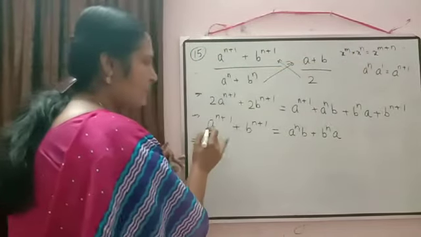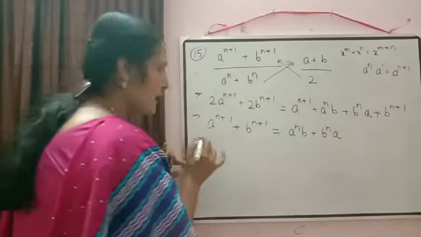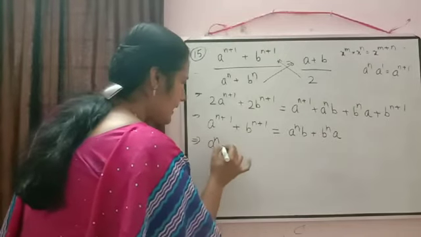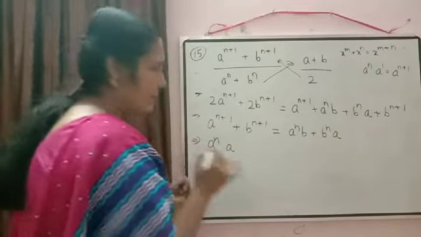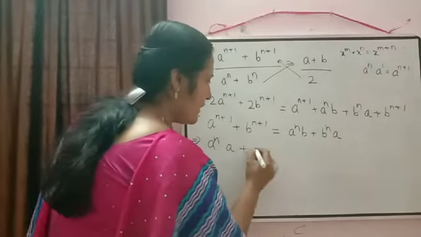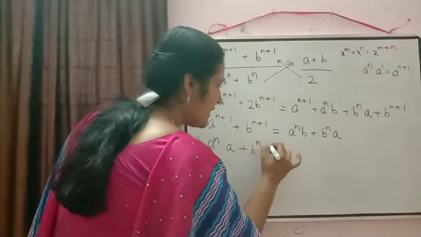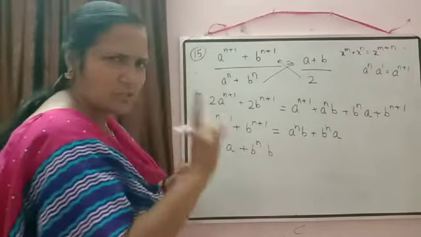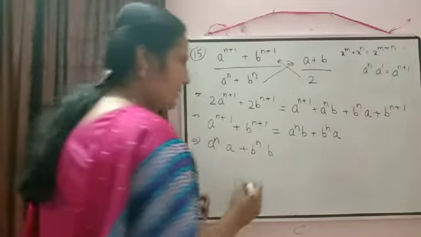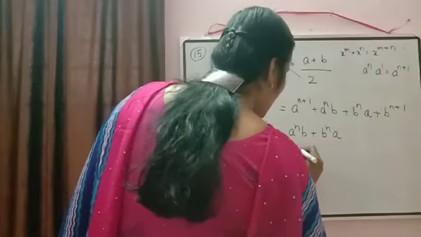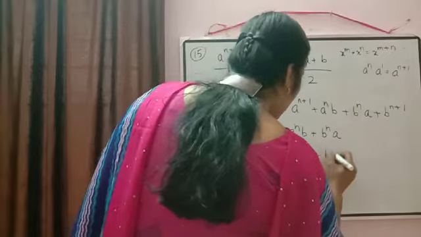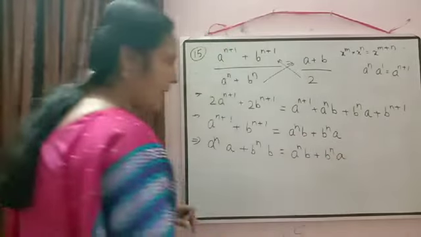So in the same way, a raised to n plus 1 can be written as a raised to n into a. Similarly, b raised to n plus 1 can be written as b raised to n into b raised to 1. So I am writing as b only. Equal to a raised to n into b plus b raised to n into a.